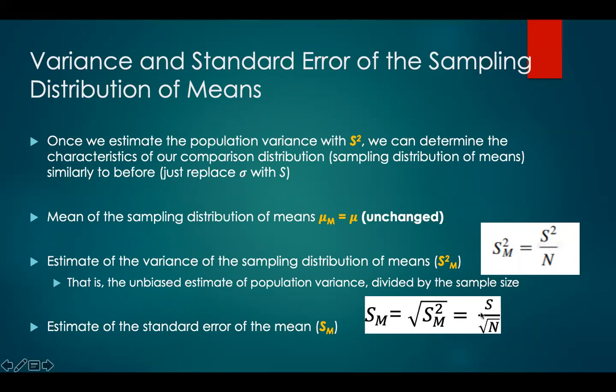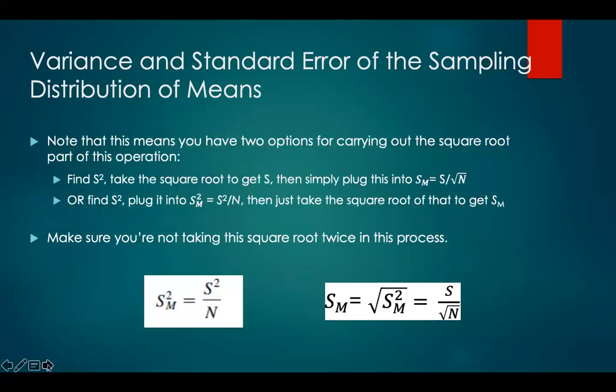Another way you could calculate this is by the standard deviation, the unbiased estimate of population standard deviation, divided by radical n. But for the sake of this class, we'll typically stick with this here. But note that this means you have two options for carrying out the square root part of this operation.